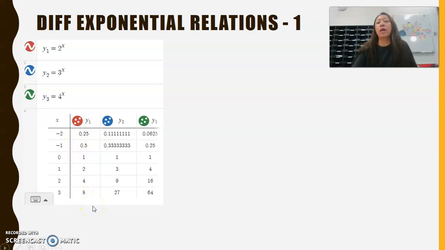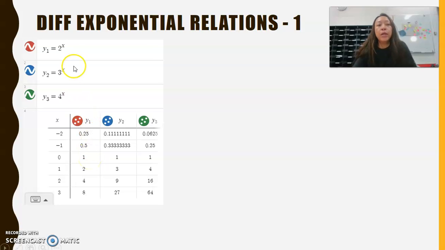That would mean that 2 power -2 will give us 0.25, 2 power -1 will give us 0.5, and so on and so forth. We can see that as the values of x increase, the value of y actually doubles. Can you see that 0.25, the double of it is actually 0.5, and the double of 0.5 is 1, and therefore it's growing exponentially.